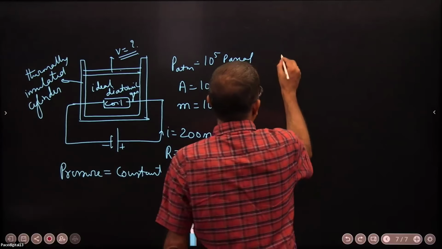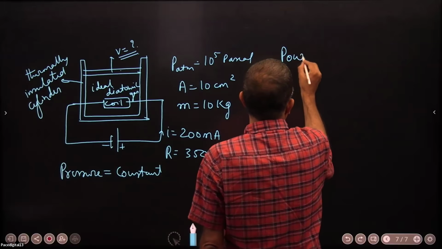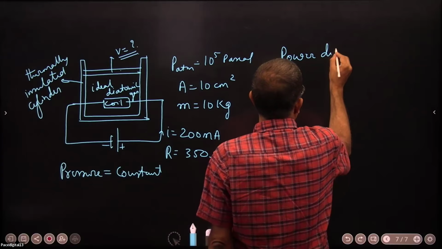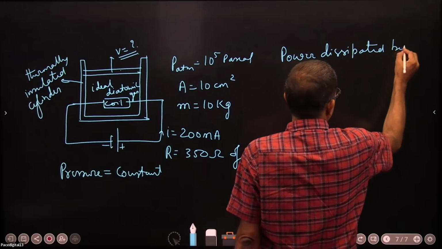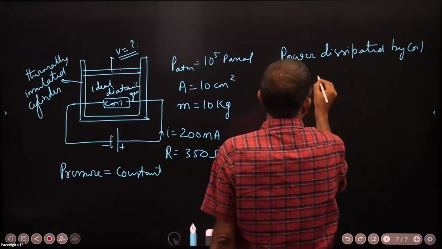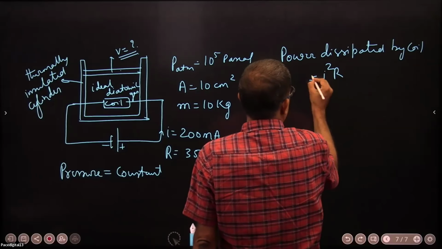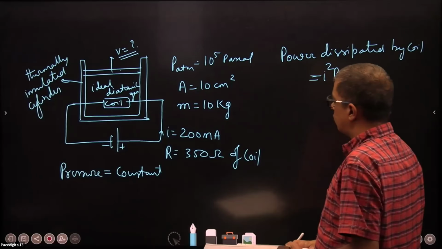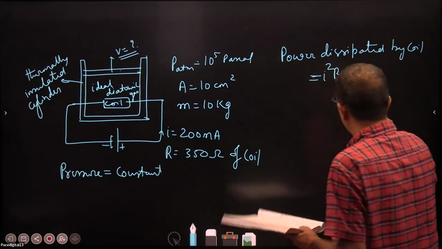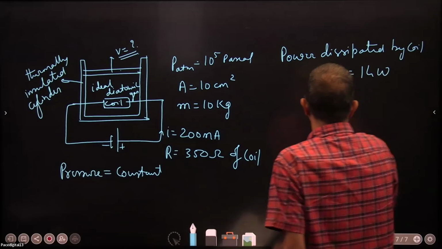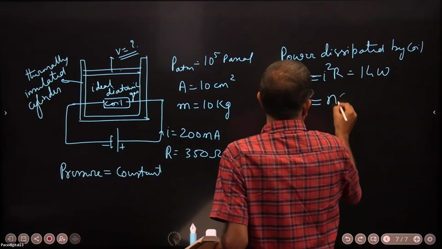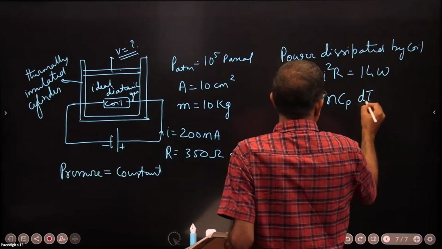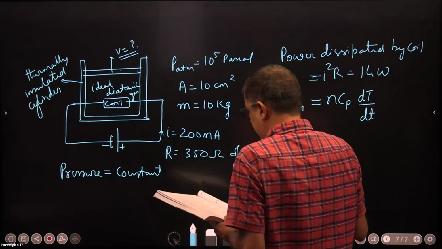First step will be the power dissipated by the coil, which will be I squared R. This I squared R turns out to be 14 watts. This 14 watts you will equate to n Cp dT by dt.